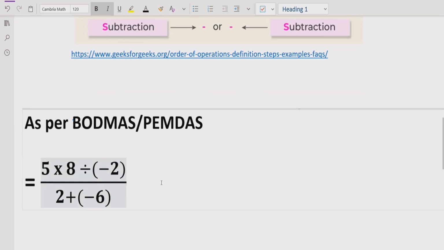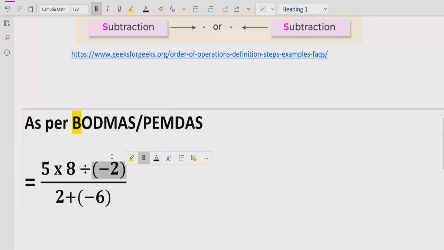You can see in our expression, basically 5 multiplied by 8 divided by -2 and 2 plus -6. According to the rule, we have to solve the bracket first. In our expression, this part is basically a bracket, but it is not because of any expression, it is because of the minus sign.